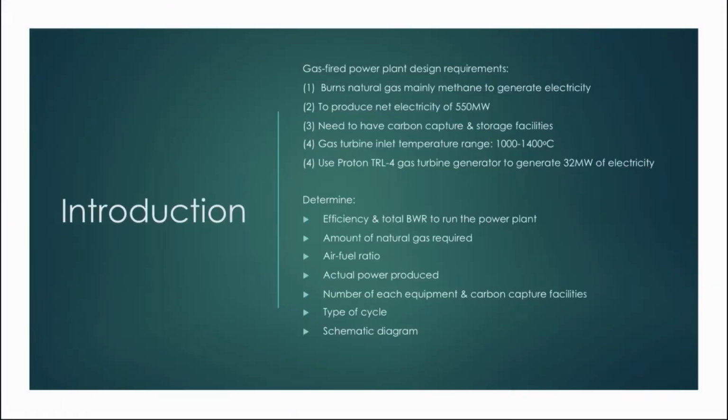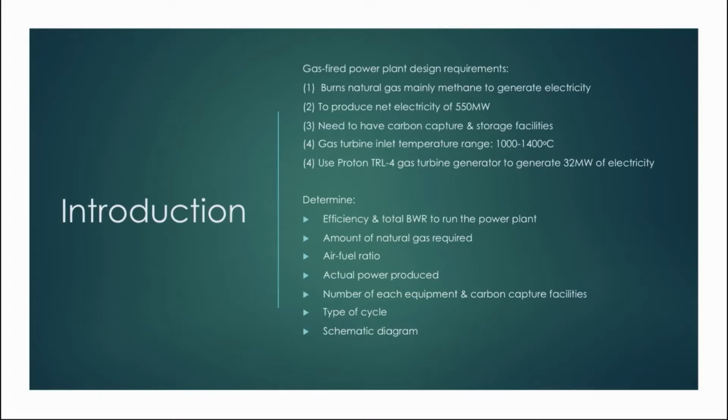For the introduction, in order to create a gas-fired power plant, a few criteria are needed. One of them is that it has to be able to burn natural gas, which is mainly methane, to generate electricity. In order to generate enough electricity, which is 32 megawatts, the use of a Proton TRL gas turbine is required.